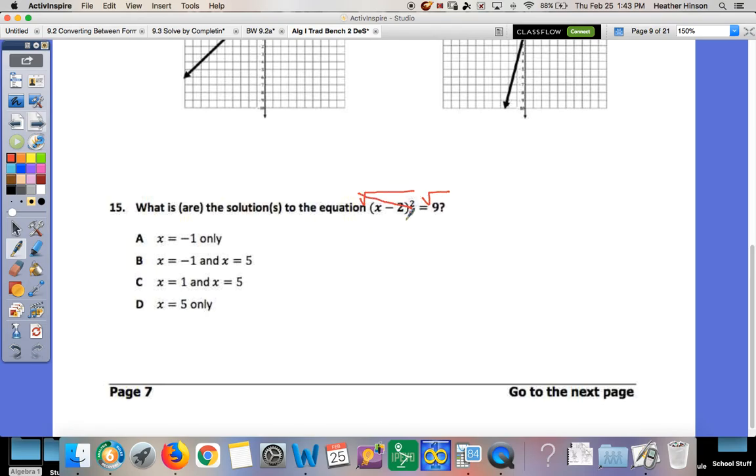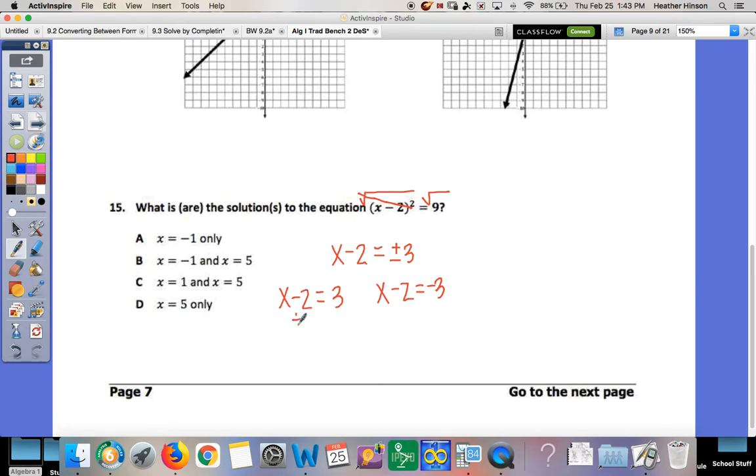That'll cancel out your squared and leave you with x minus 2. And the square root of 9 is a positive and a negative 3. So you got x minus 2 equals positive 3, and x minus 2 equals negative 3. And then you just solve.